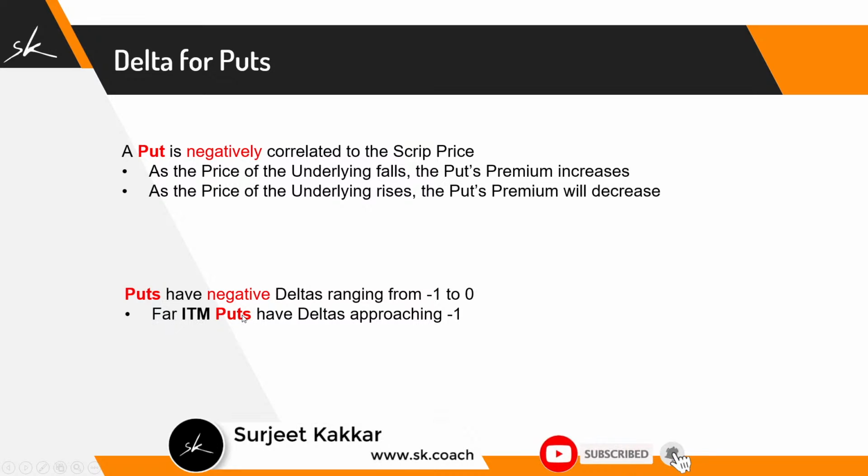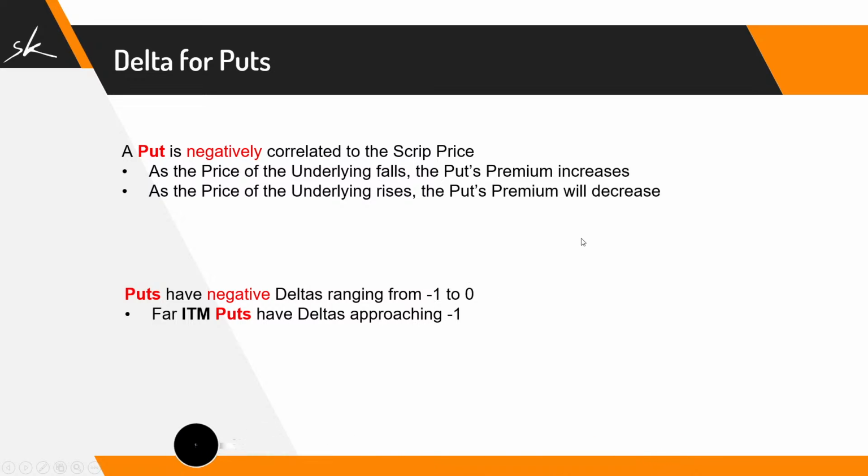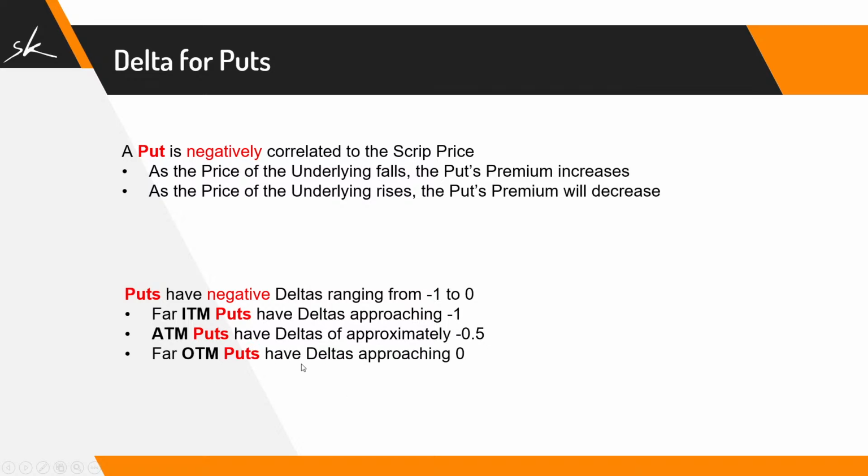The far in the money puts will start approaching -1, because the more we are in the money, the delta will start approaching -1. At the money, we'll always have a delta of 0.5, but because puts are negatively correlated units, it's going to be -0.5. And similarly, out of the money puts will have a delta which will start approaching 0. So just the opposite of what we saw in the case of calls.